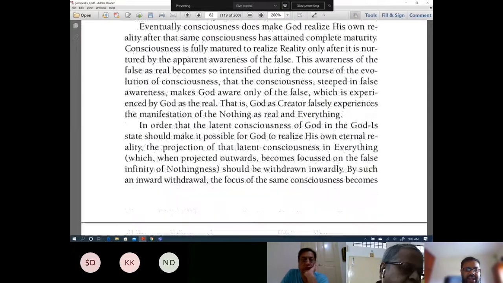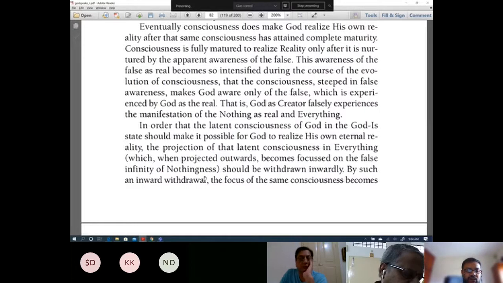In order that the latent consciousness of God in the God-is state should make it possible for God to realize his own eternal reality, the projection of that latent consciousness in everything, which when projected outwards becomes focused on the false infinity of nothingness, should be withdrawn inwardly.